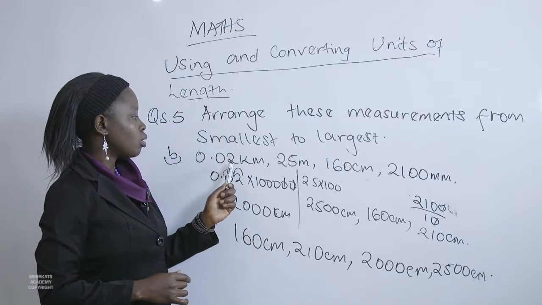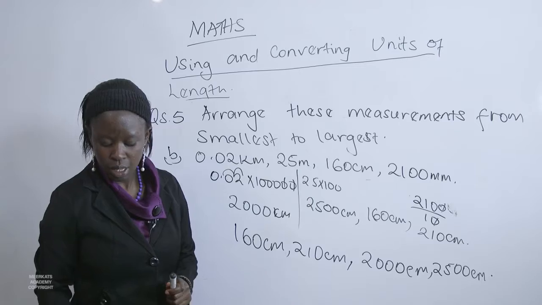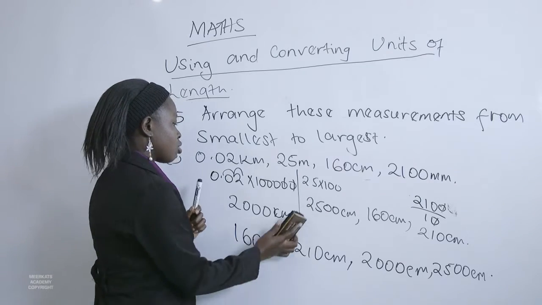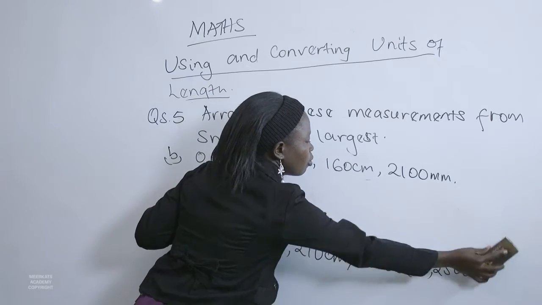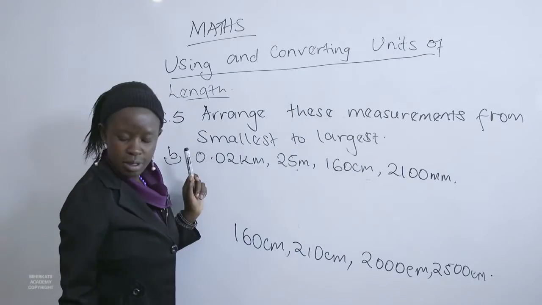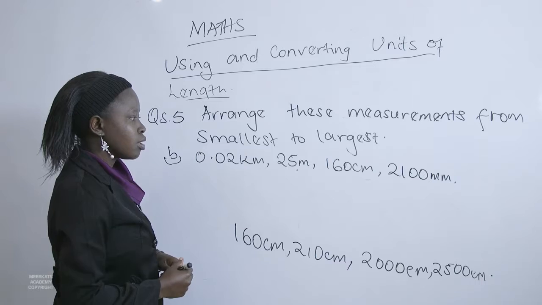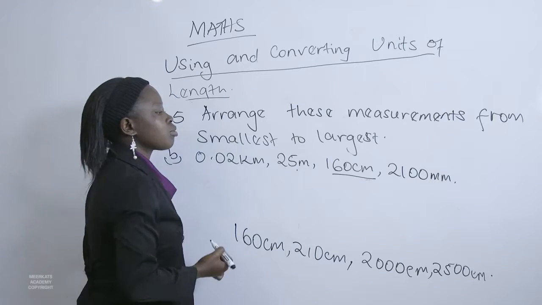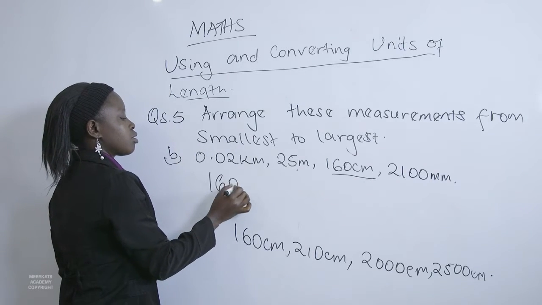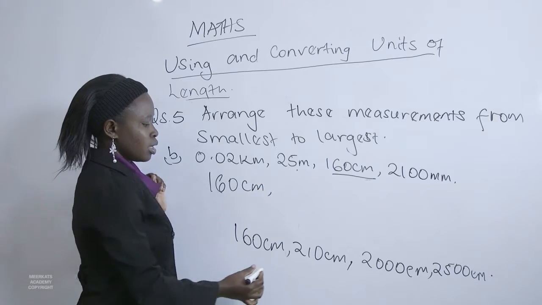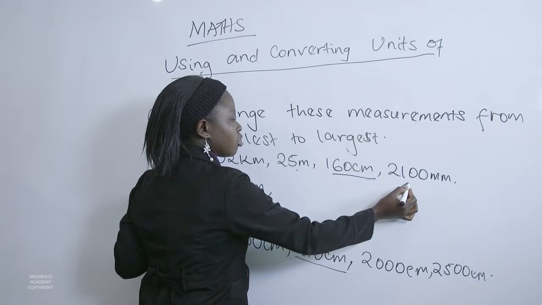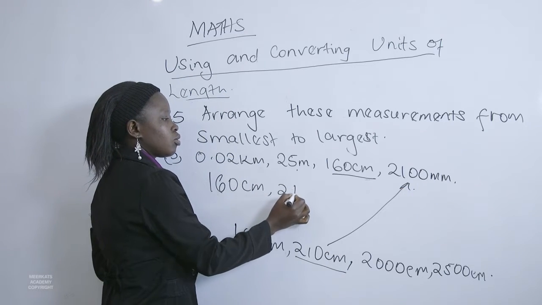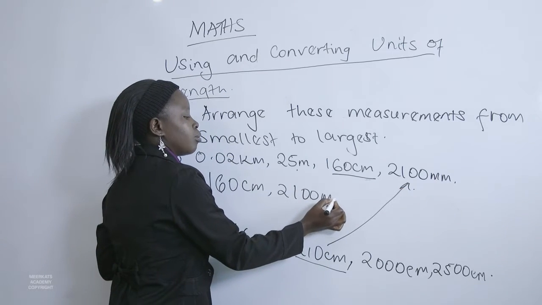So let us now use the units that we had in our calculation. The arrangement from the smallest to the largest: our smallest was 160 centimeters. It is followed by 210 centimeters, which was representing 2,100 millimeters.